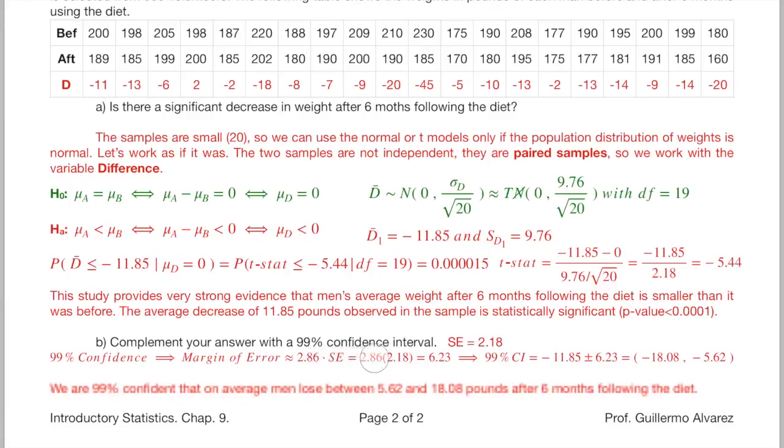This implies a margin of error of 6.23. We added to and subtracted from the observed difference to get an interval from negative 18.08 to negative 5.62. The interpretation is: we are 99% confident that on average men lose between 5.62 and 18.08 pounds after 6 months following the diet.